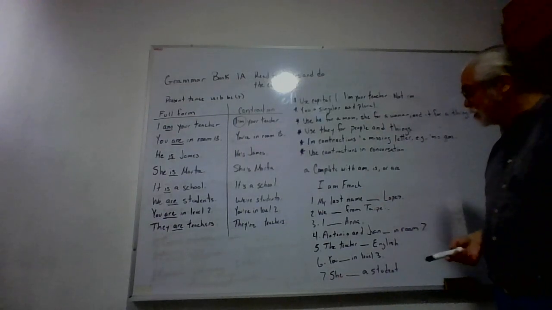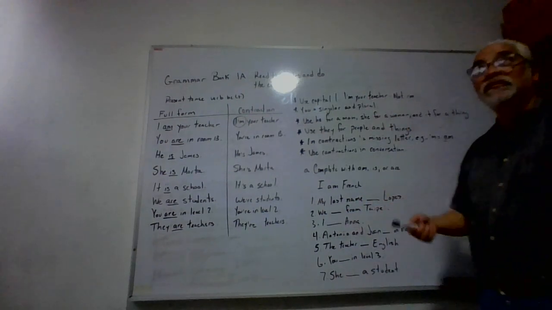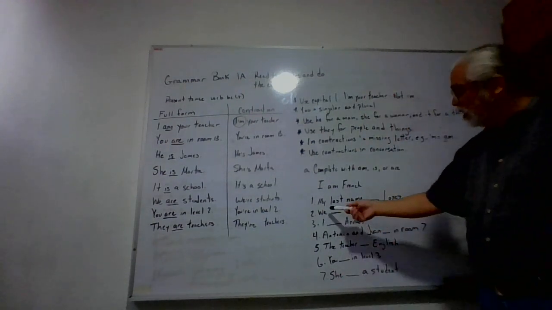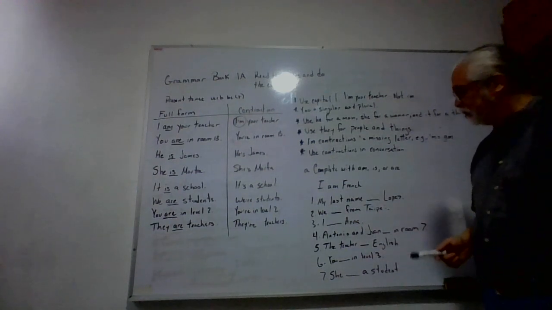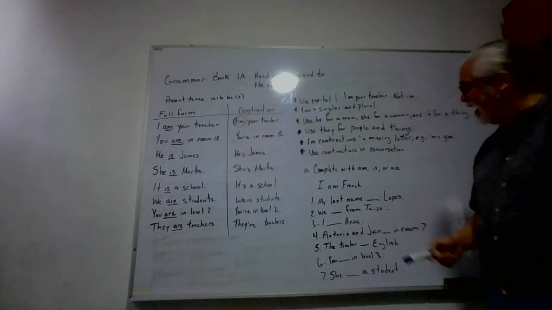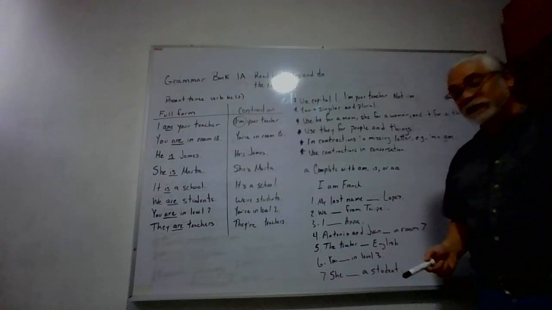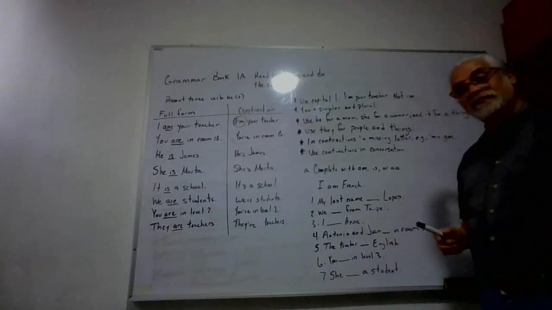Okay? So, in case you can't see, because I know it's getting dark out and the lights are a little strong, my last name, blank Lopez. That's number 1. Number 2, we blank from Taipei. Number 3, I blank Anna.